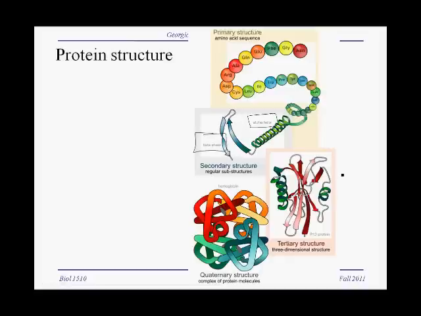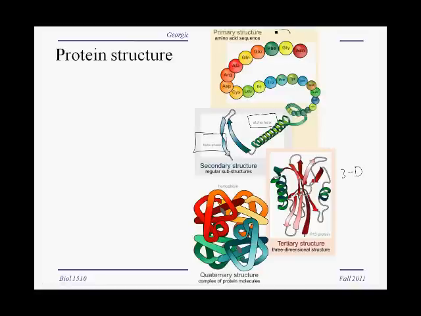Then the overall three-dimensional shape of the protein, how the secondary structure elements are arranged spatially with respect to each other and the connecting elements in between, the overall three-dimensional structure, is the tertiary structure. Okay? And then some proteins are composed of multiple polypeptide chains.